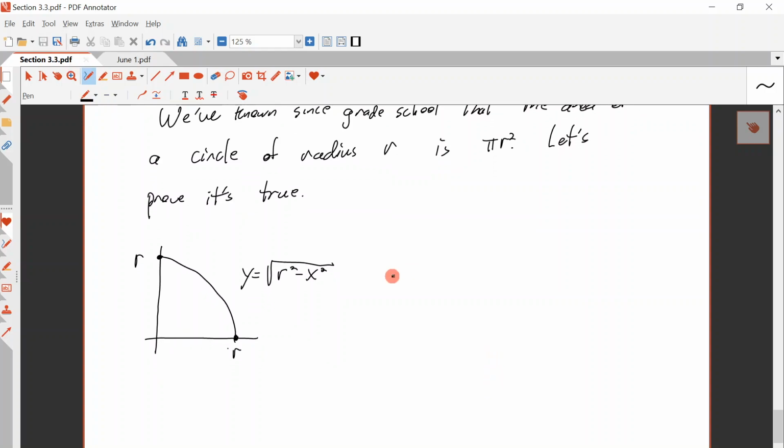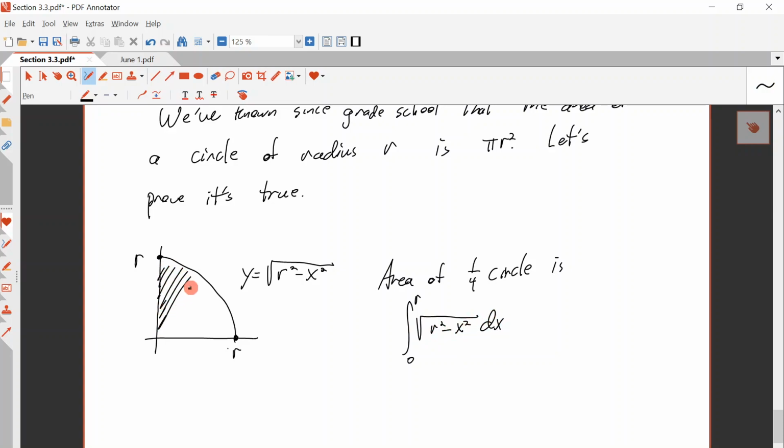So the area of the quarter circle is the integral from 0 to r of the square root of r squared minus x squared. It's the integral of that function.